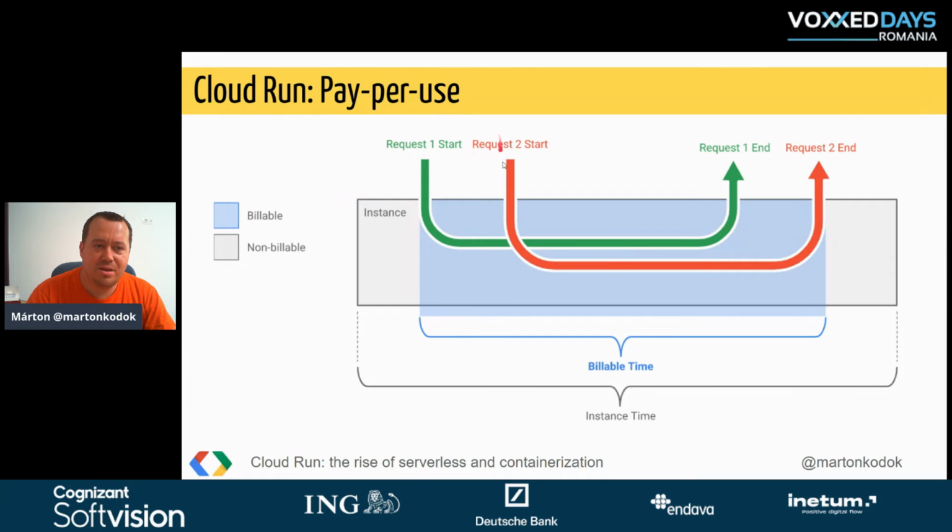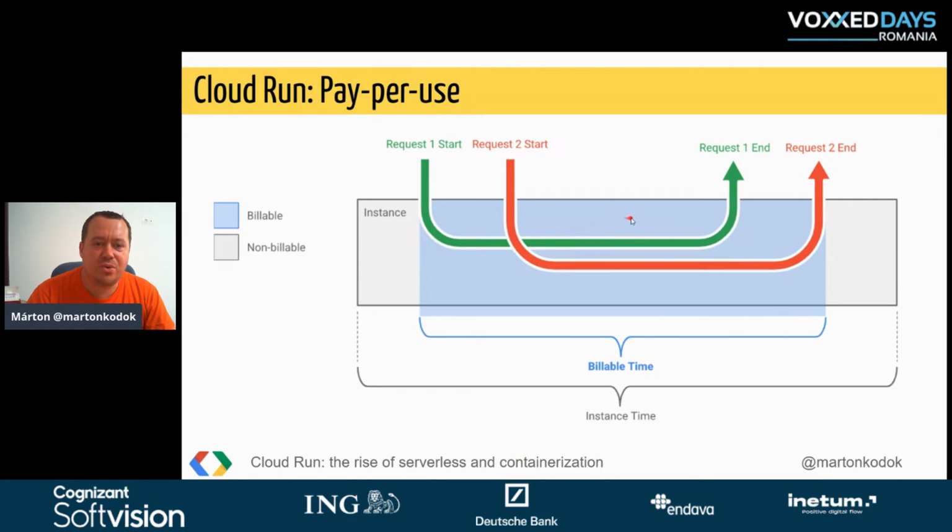If there is another request coming in meanwhile, it will be served immediately by that container if the concurrency options let you do so, and you are paying for the overall time of it, while the idle instance time is not billed. So you get only the billable time, from the first request to the last request, and so on.